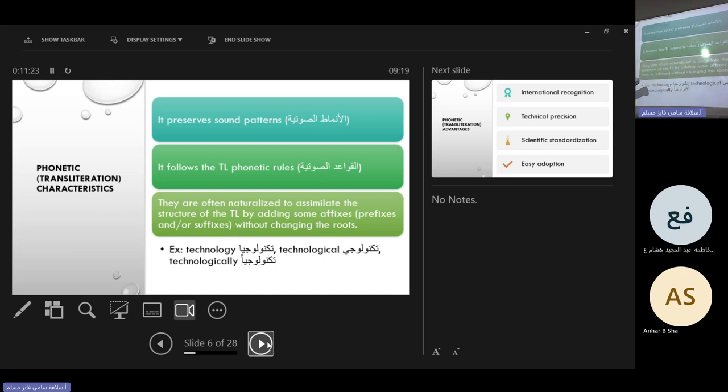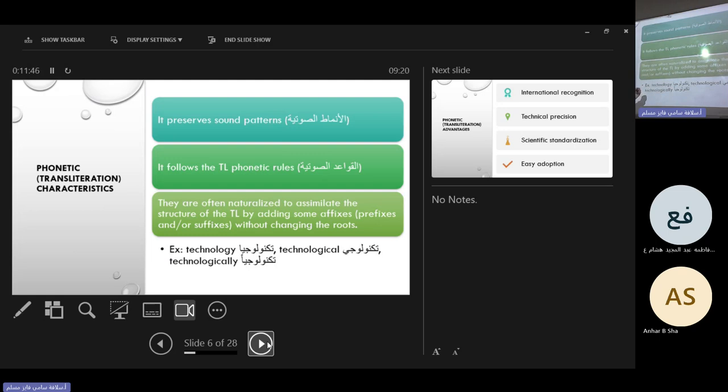To assimilate the structure of the target language by adding some affixes. Affixes are prefixes and suffixes, the parts of words that attach to the base word, either at its beginning or at its end, without changing the root.